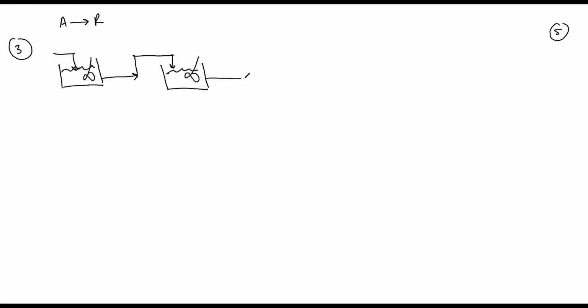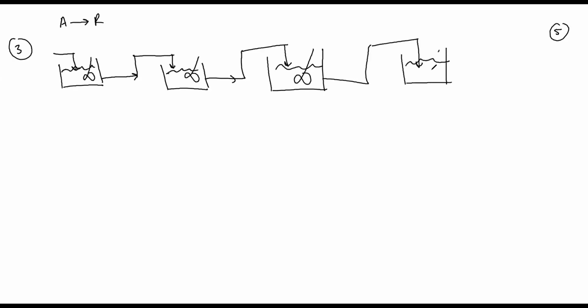So we're doing number 3, and we're told we have A goes to R, and I am doing this in 4 equally sized CSTRs. This is the first CSTR, it goes into the second CSTR, goes into the third CSTR, and then goes into a fourth CSTR right here.